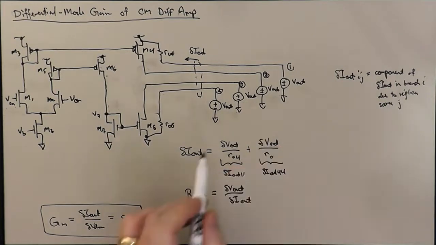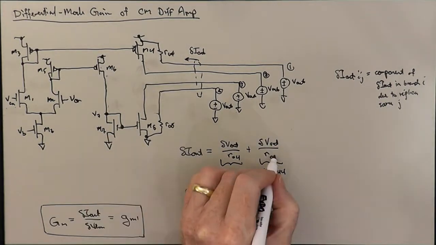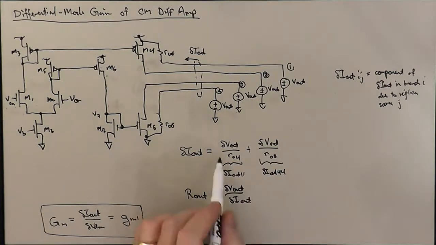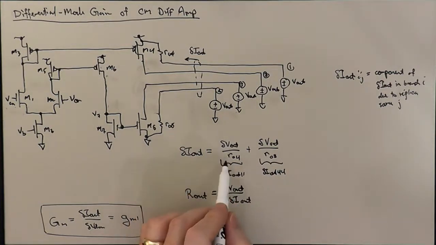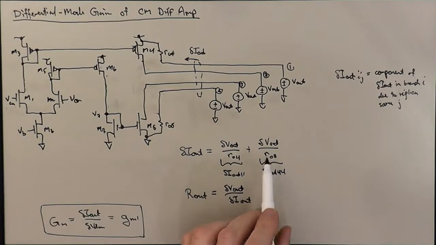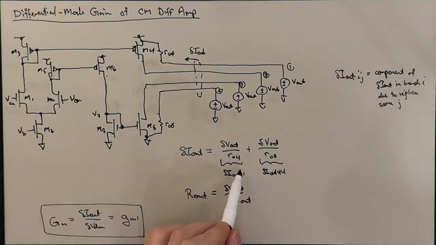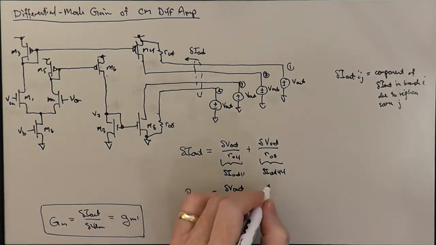I got my branch 4 confused with my transistor indexing. RO8. So we get delta V out times the quantity 1 over RO4 plus 1 over RO8. If we move that downstairs on the other side and bring the delta I out downstairs underneath the delta V out, we're going to have 1 over RO4 plus 1 over RO8, which is just RO4 parallel RO8.